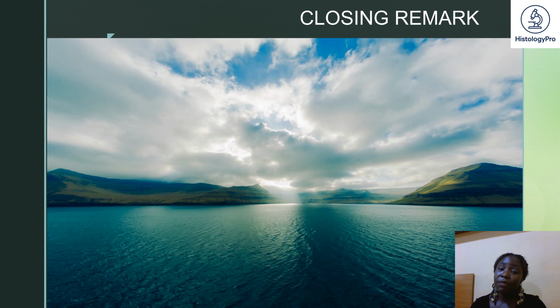Understanding its microscopic architecture, which we have seen here, the basal cell regeneration, progressive cellular maturation, and surface specialization, provides a foundation for recognizing both histology and pathological alteration.